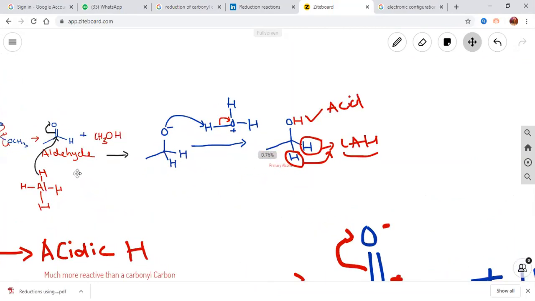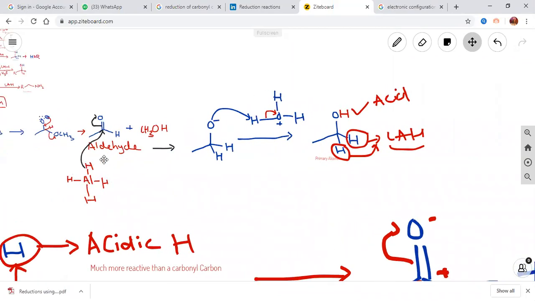This oxygen will abstract one hydrogen from the hydronium ion in the solution, and it will form a primary alcohol. So carboxylic acids also get converted to primary alcohols.